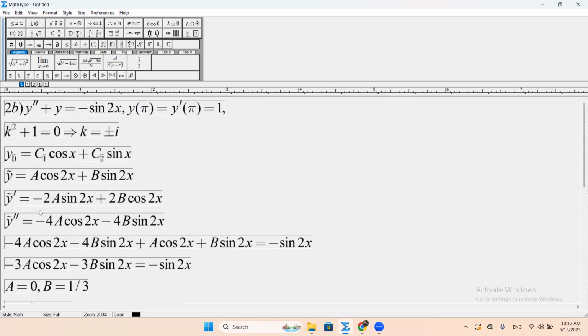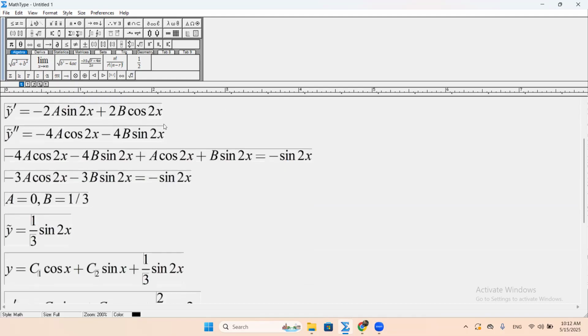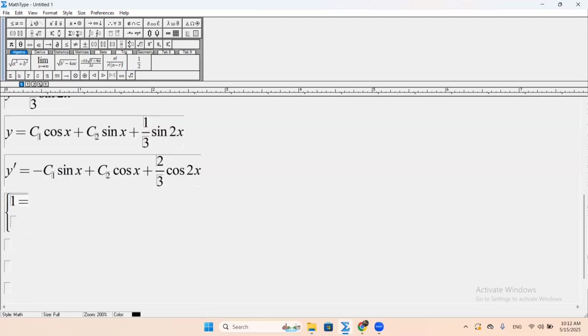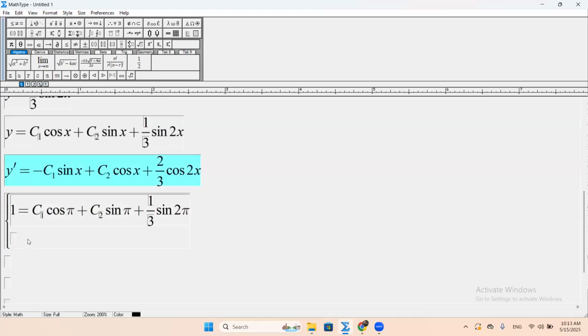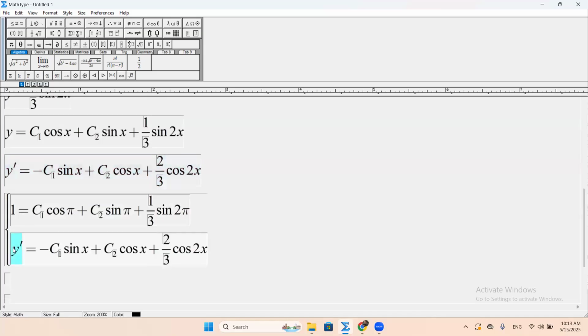So y from p and y prime from p both equal 1. So substituting p everywhere. So 1 equals, so again p, writing everything in detail.